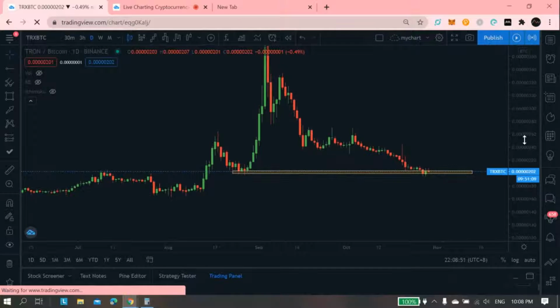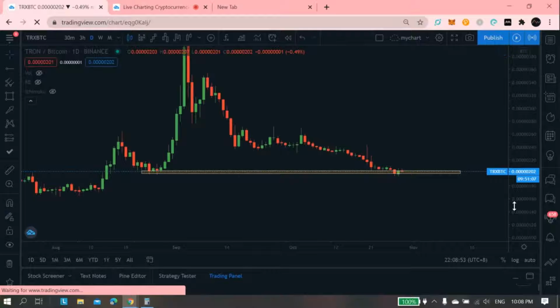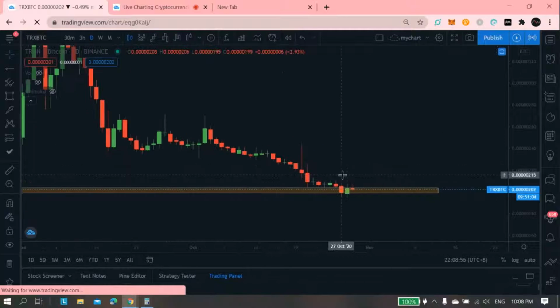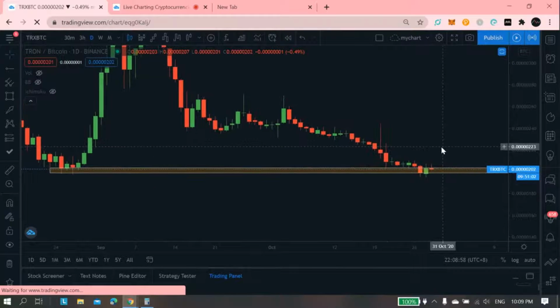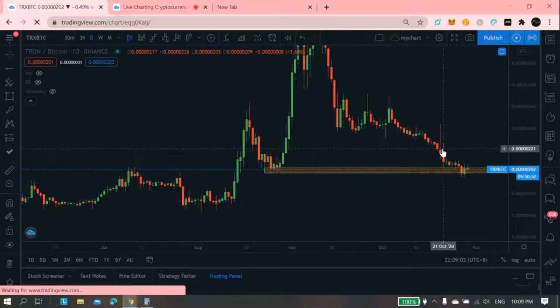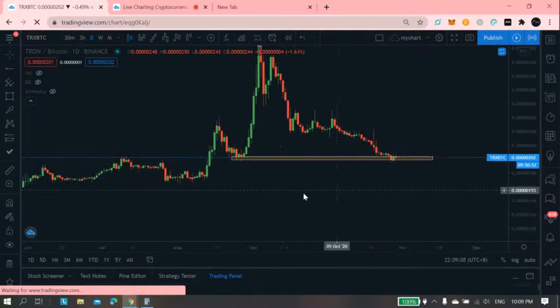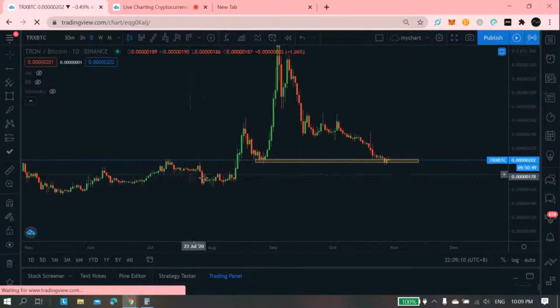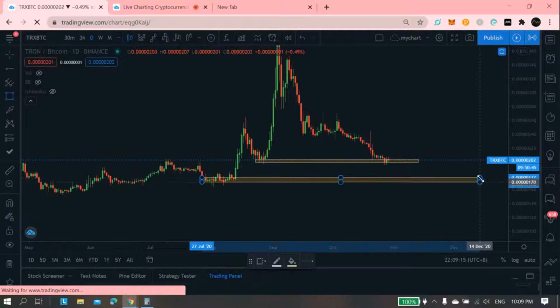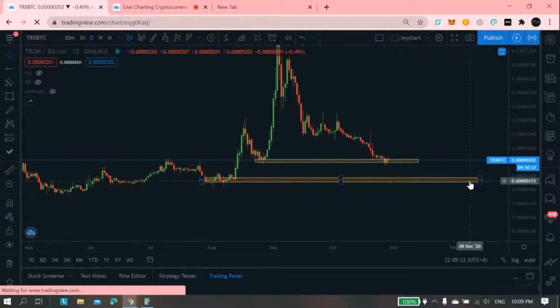However, if it breaks this area, or if it did not hold at 202, the next support is this area, around the 172 area.